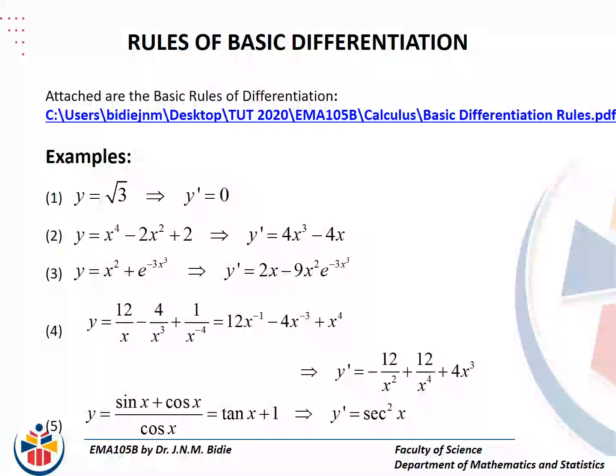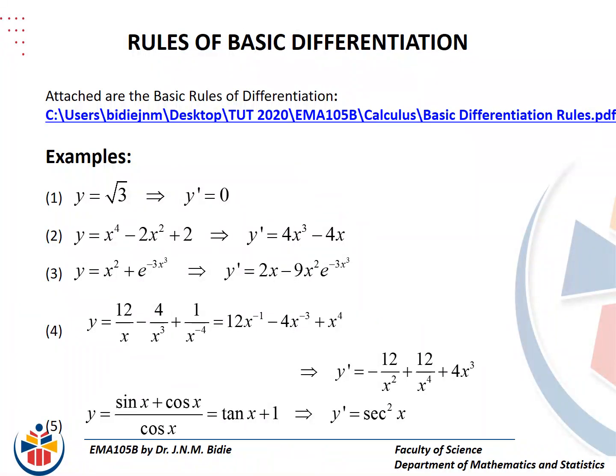Because we're dividing by x and the power of x was 1, when you take it up, it becomes negative 1. So you've got the first term as 12x to the power negative 1, minus 4 times x to the power negative 3, plus. Note that when you take x to the power negative 4 up, the power changes to a positive sign. So hence we have x to the power 4.